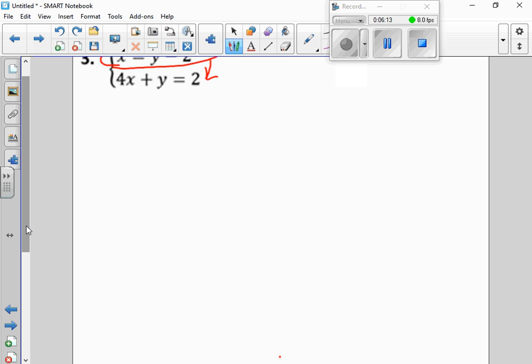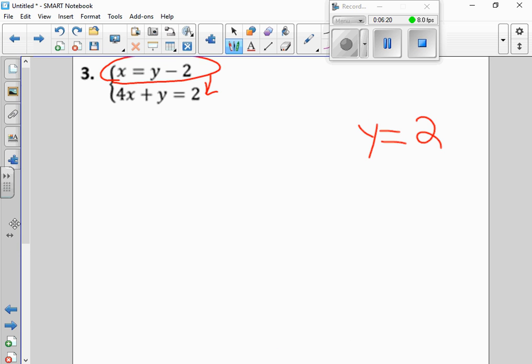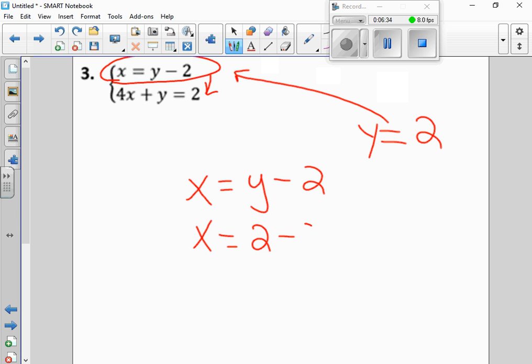All right, so we know initially we just solved for y, as you can see at the bottom there, and y was positive 2. Now we're going to take this and substitute it back to that first equation. So you have x equals y minus 2, x equals, remove the y, plug in a 2.